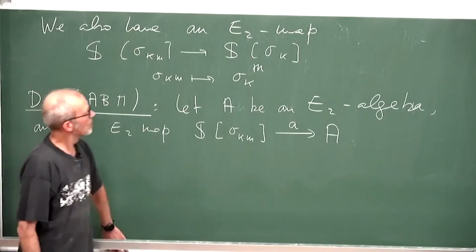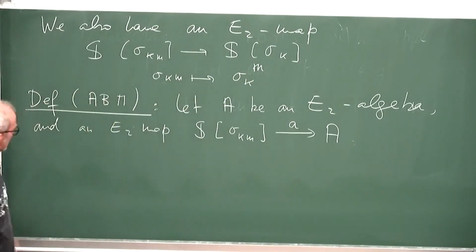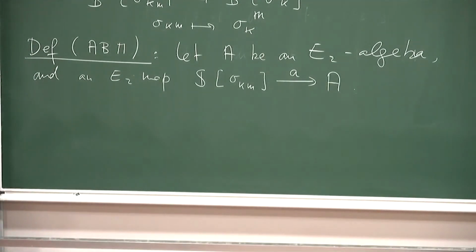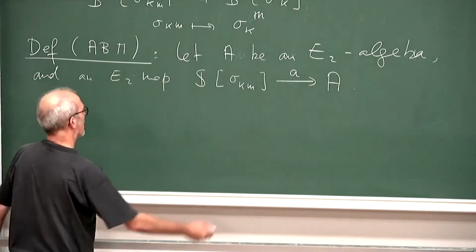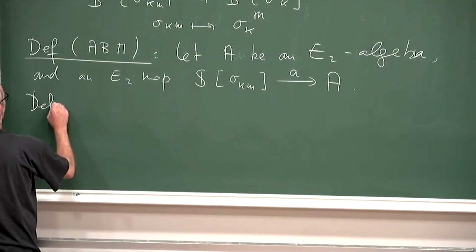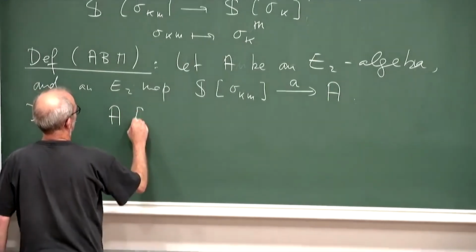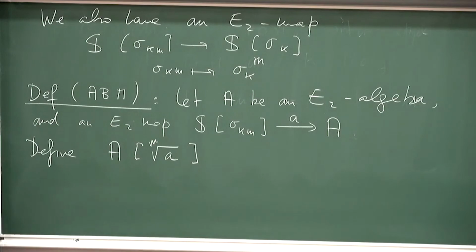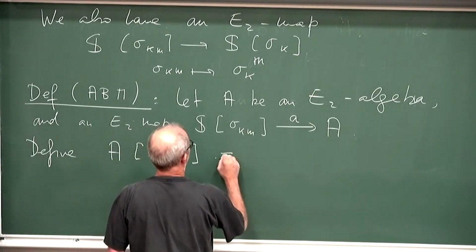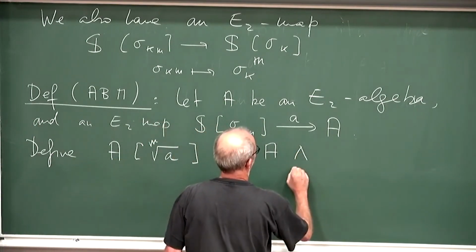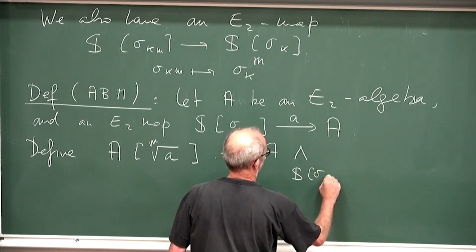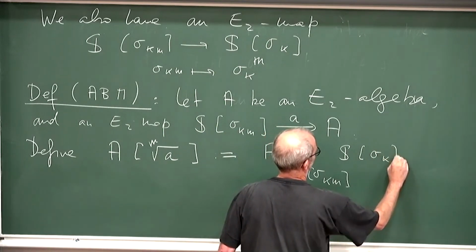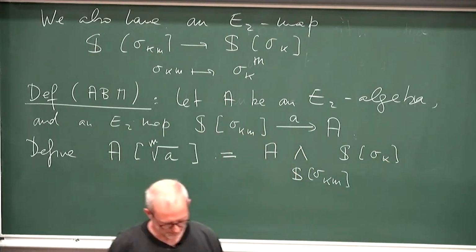Well, then from this formula you guess that we want to adjoin a root along this map. The m-th root is going to be just defined as A.